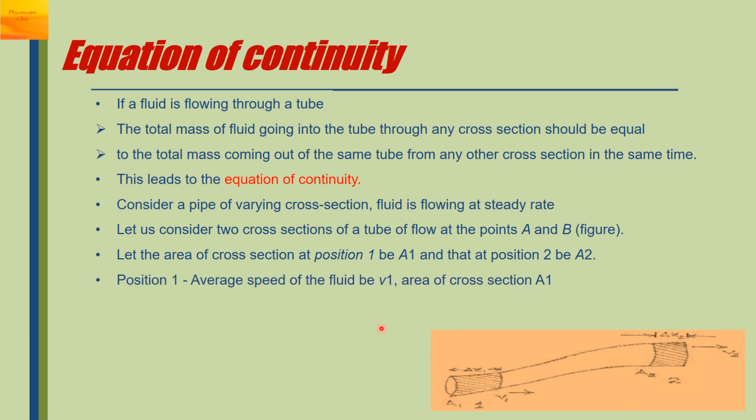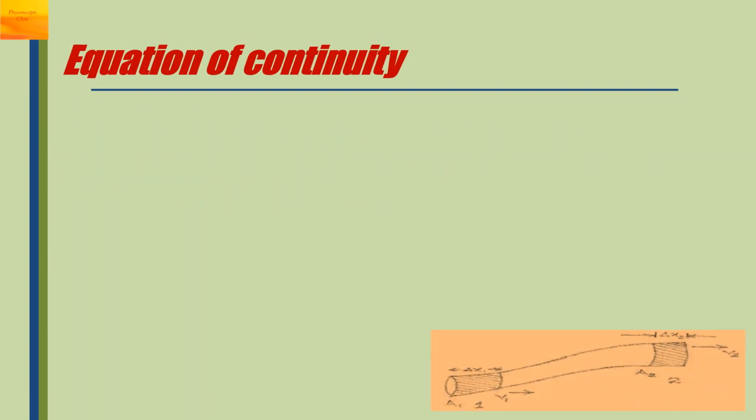At position 2, the average speed of the fluid is taken as V2 and area of cross section is A2. So in a time interval delta t, the fluid crosses a distance which we will denote as delta x1 as shown in the diagram. It will be equal to the velocity into time, so that will be v1 into delta t.